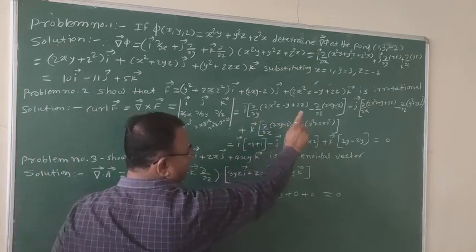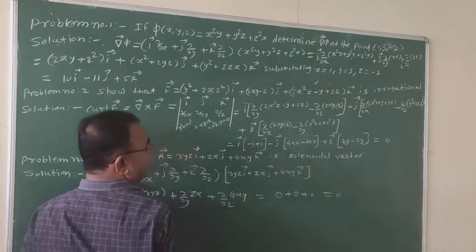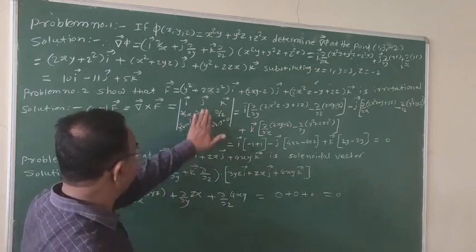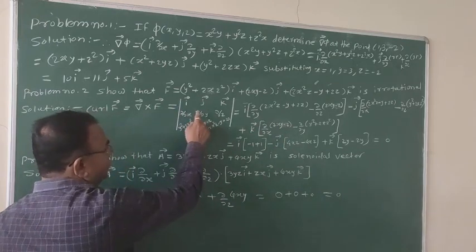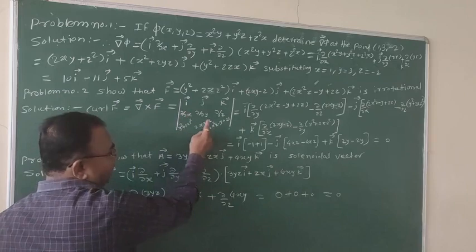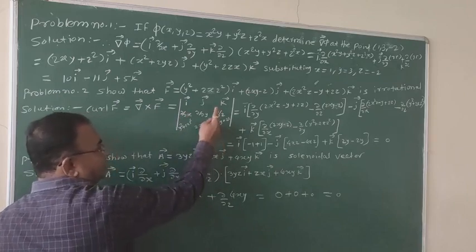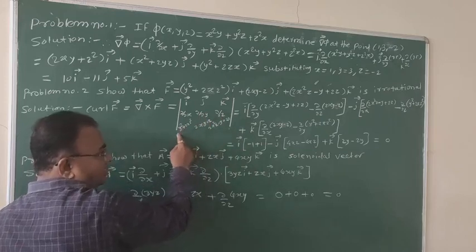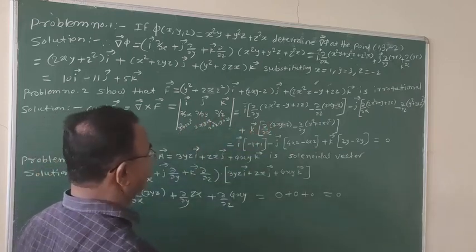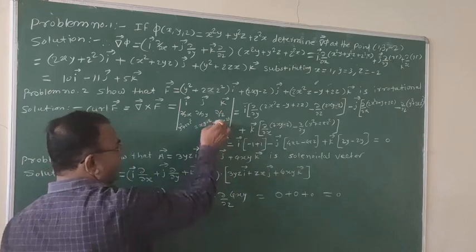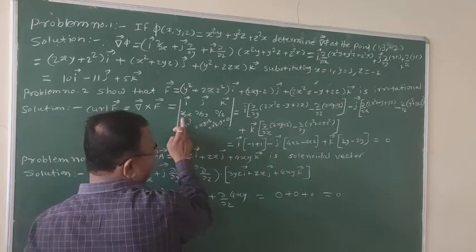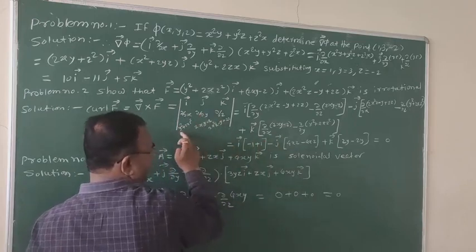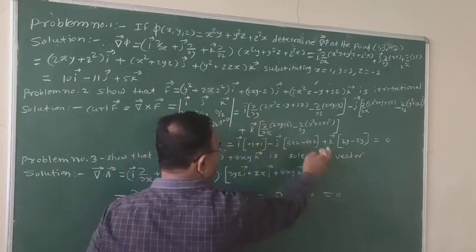Here the bracket is completed, and we have i bar into that particular term. Similarly, minus j bar into ∂/∂x operating on this, minus ∂/∂z operating on this. Here we have that particular term, plus k bar, ∂/∂x operating on this term, minus ∂/∂y operating on this term.